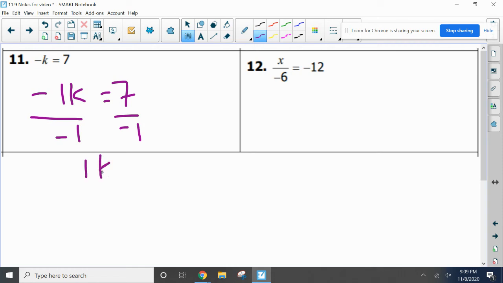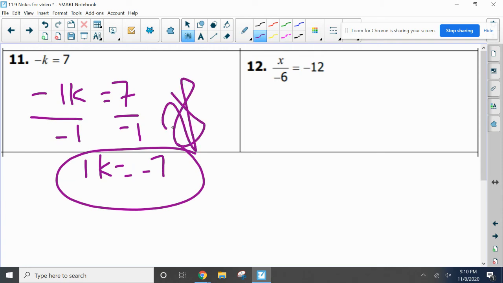So 1k. And then 7 divided by 1 is 7, and a positive and a negative are going to give me a negative. So k is equal to negative 7. Did you get that? You didn't, it's okay. We'll do some more of these in our guided practice. This is one that always throws people. All right, we might star it.